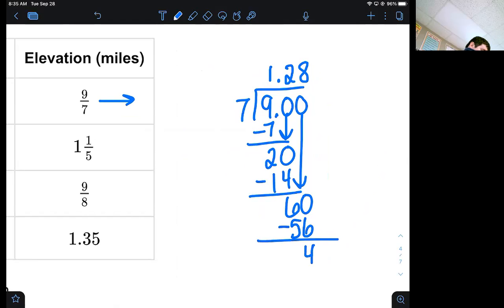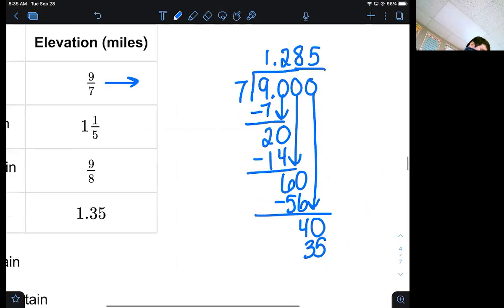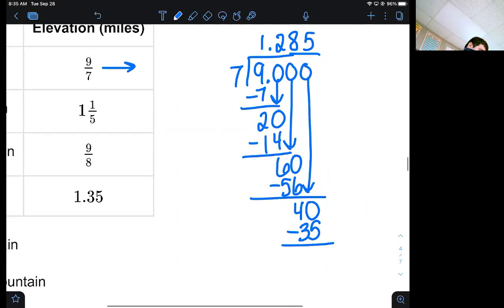Let's go one more, because this is probably going to keep going, but we'll just go ahead and stop it. We'll round it. 7 goes into 40. How many times? 5 times. What is 7 times 5? So just in case, I'm going to leave it right here with a remainder of 5.